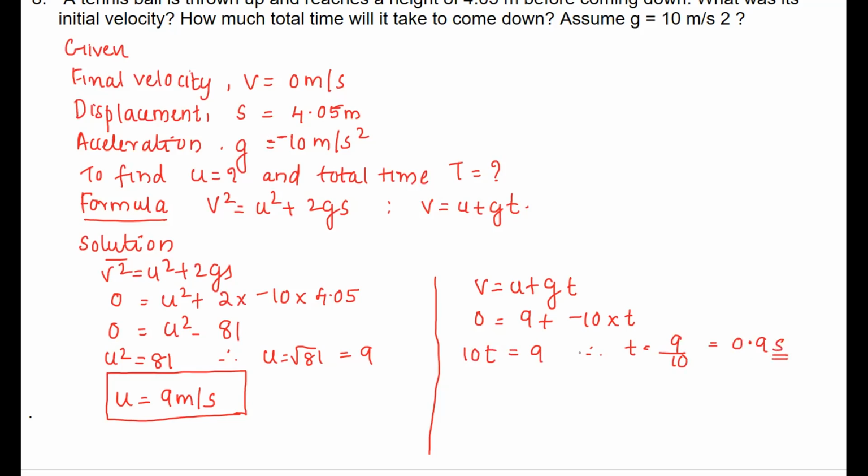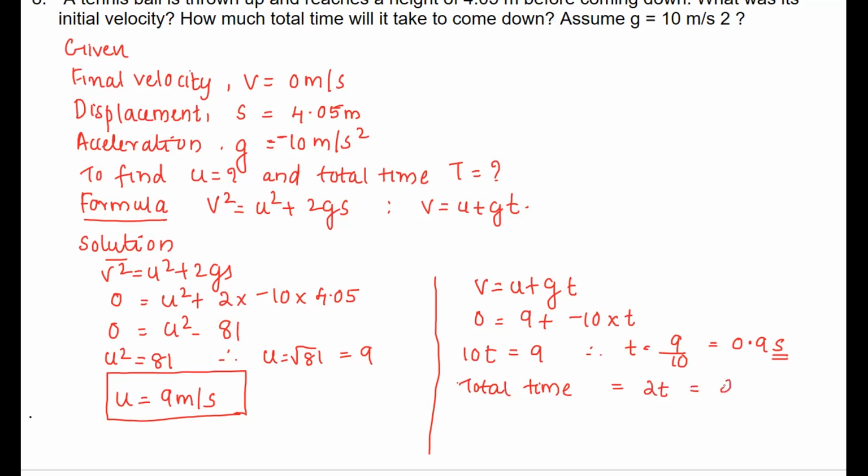We know that time taken by an object to go upward is same as the time taken to come down. So T plus T will come total time taken by the object, or we can write that total time is equal to T plus T is 2T.